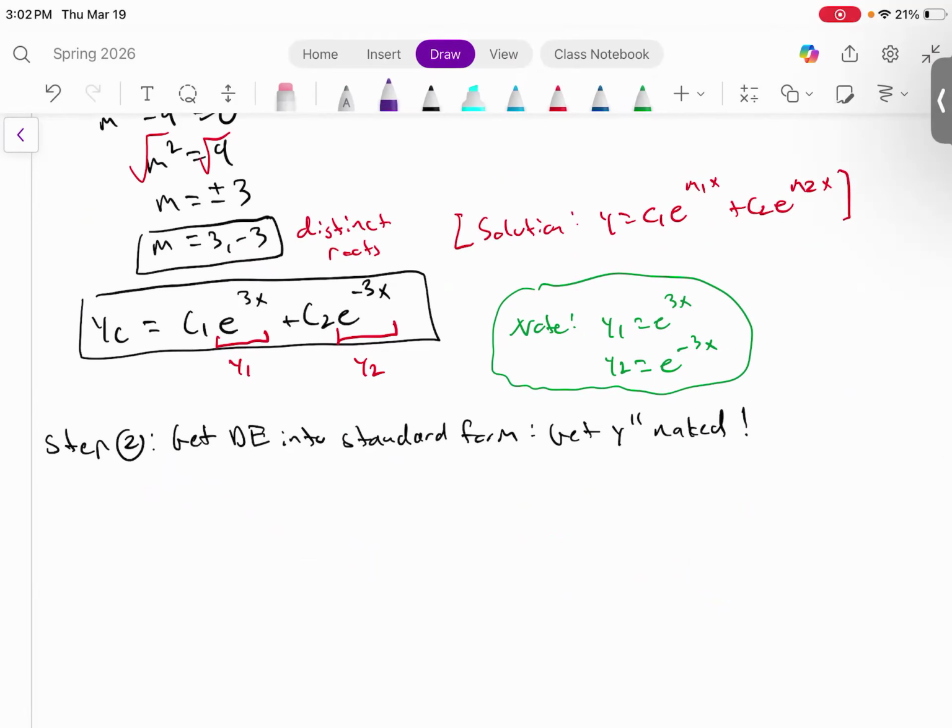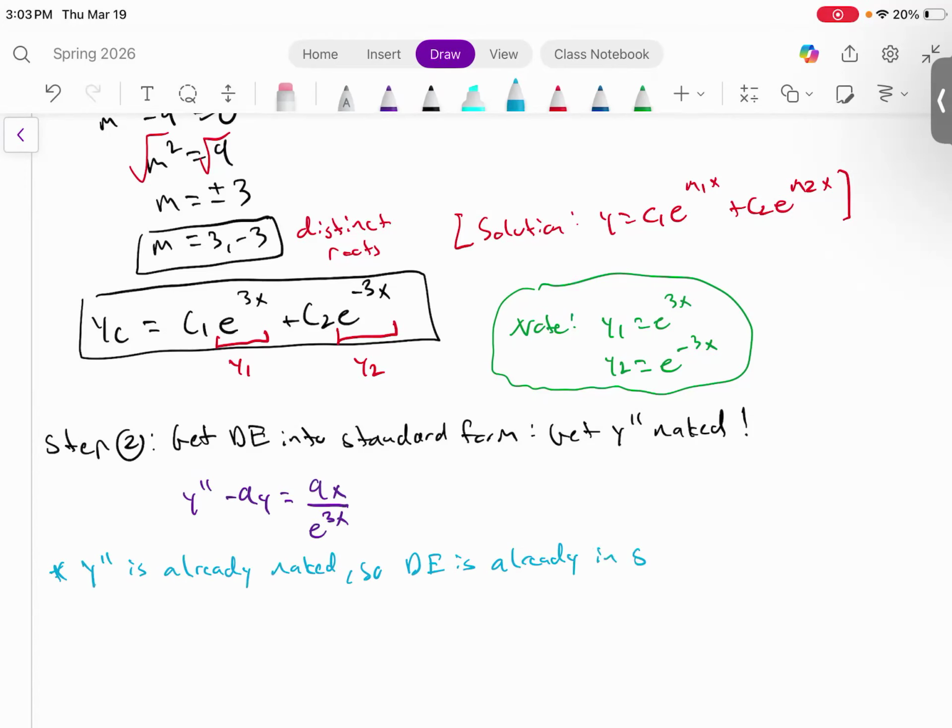My differential equation is y double prime minus 9y equals 9x over e to the 3x. Well, my y double prime is already naked. So the differential equation is already in standard form.